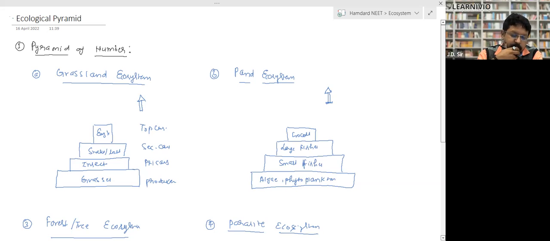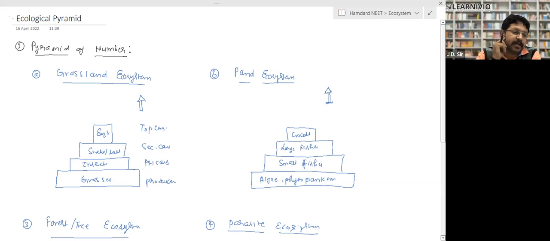Ecological pyramids: the relationship between different trophic levels in terms of number, biomass, and energy is represented by pyramids.